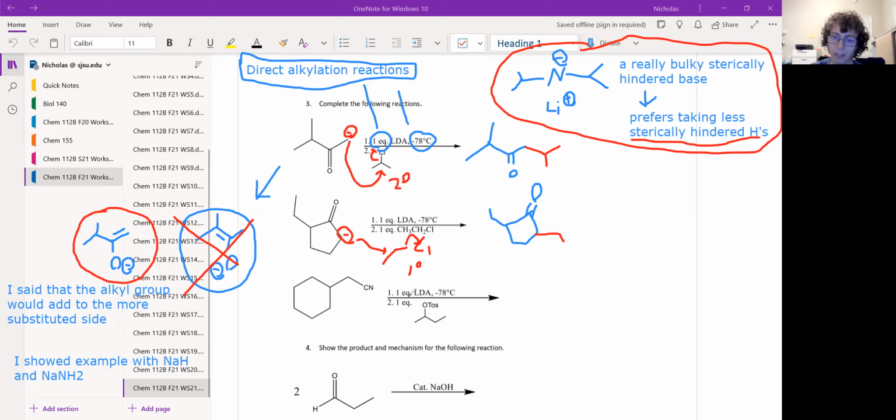And last one, again, similar conditions, one equivalent LDA, negative 78 degrees Celsius. And then we have this OTos substrate that we can use to add an alkyl group, hopefully. But this time, instead of a ketone, we have a nitrile as our functional group. However, this doesn't mean nothing is going to happen.